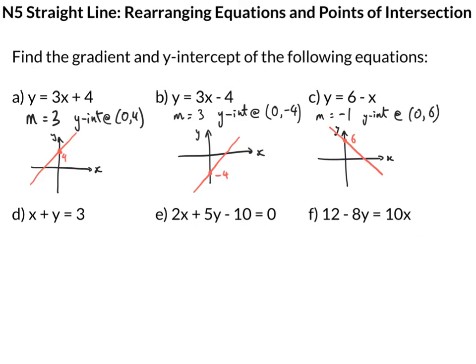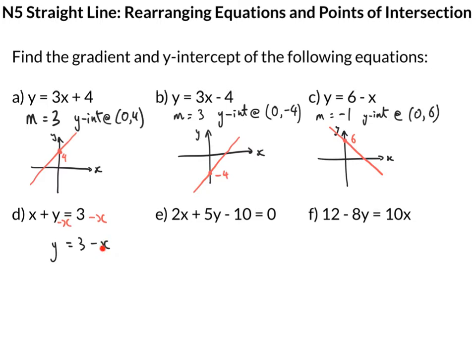The next three, y is not the subject, so we need to do a little bit of work with these three here to get the y on its own. So to get y on its own here, I need to get rid of a positive x. So to do that, I'm going to subtract an x from each side. And I'm going to be left with a positive y equals, I can write this as 3 minus x.